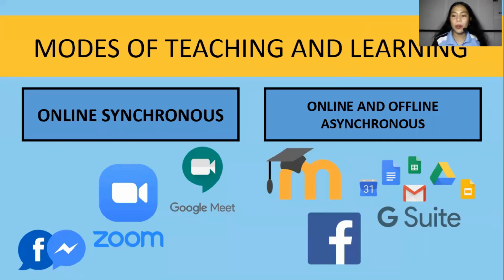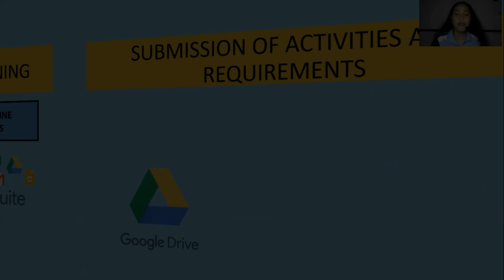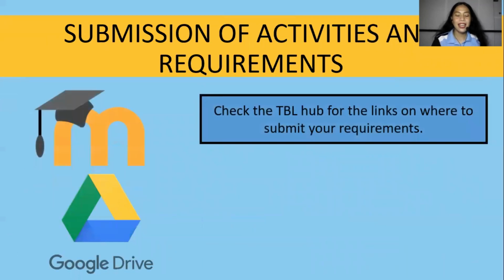You should also know your credentials, such as your username and password, so you can easily access all the learning materials that your teachers will be posting in Moodle. The submission of requirements will all be done through the TBL Hub. Don't be confused if I interchangeably use the term TBL Hub or Moodle, because they are basically the same.